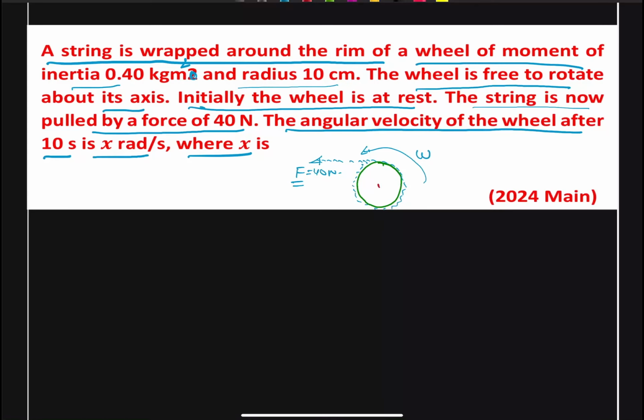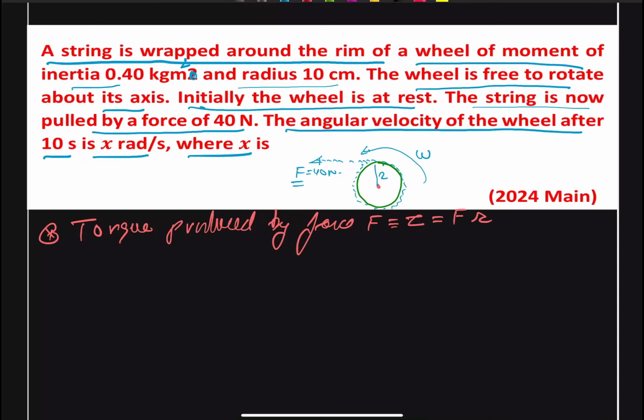This is the center and this is our R. In this case, this will be acting as a perpendicular distance also. So this force is going to produce a torque. So we can say torque produced by force F will be equal to, suppose tau is equal to force multiplied by radius, which in this case is also perpendicular distance.